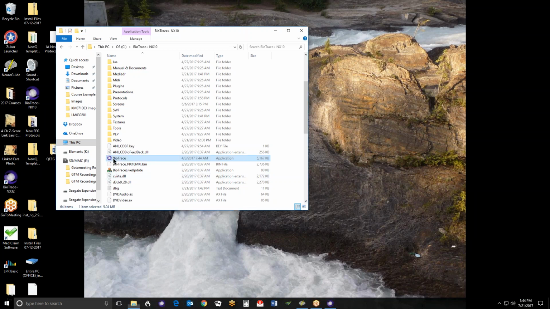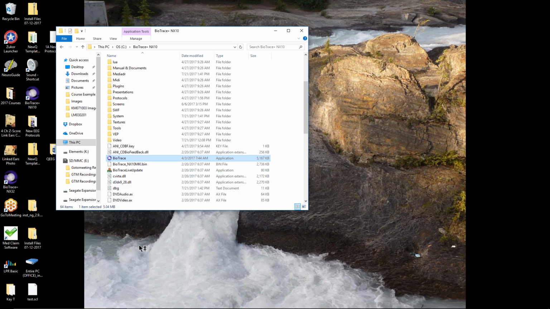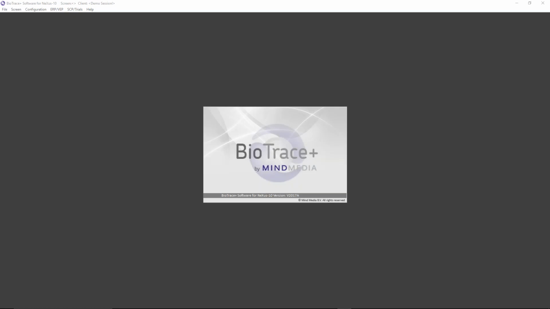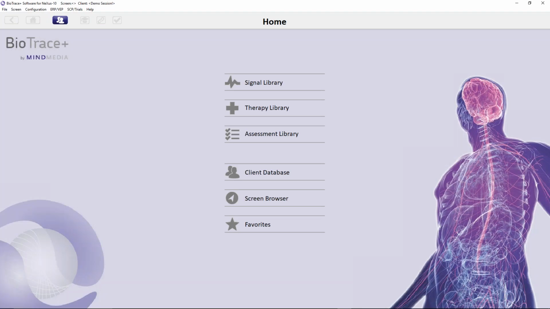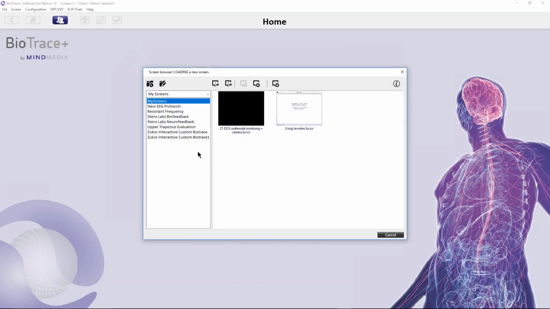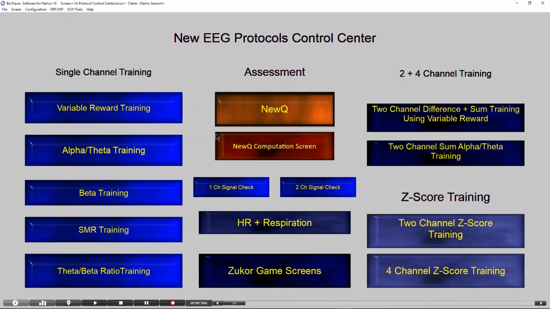Hang on a second here. Let's go back. I just closed that down. So I go to screen browser, I go to new EEG protocols, I open the main screen.